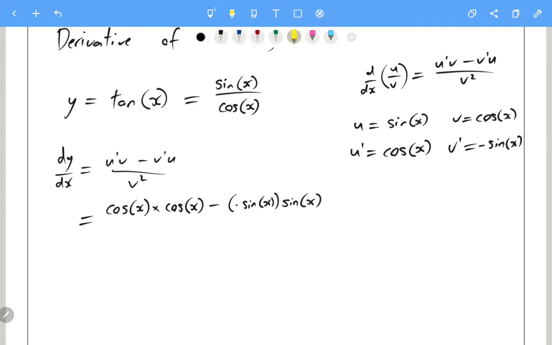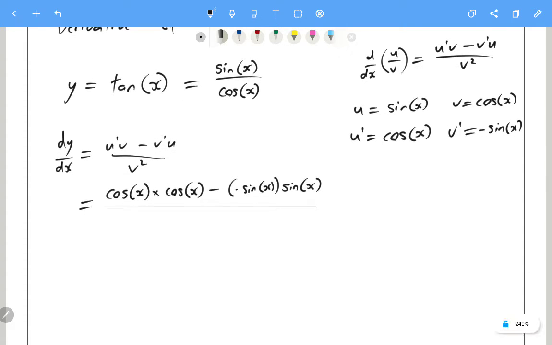Sorry, just had a bit of fun. Remembering, you're always going to be looking at these two together and these two together when using the quotient rule. Now, on the bottom, we're going to get something quite nice because it's just going to be cos squared of x.